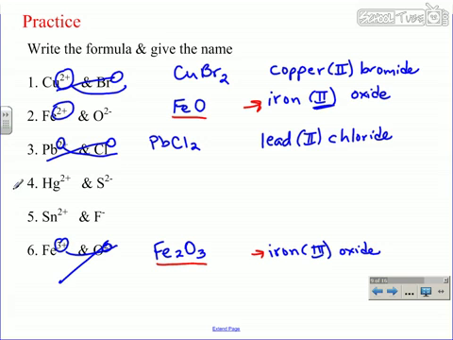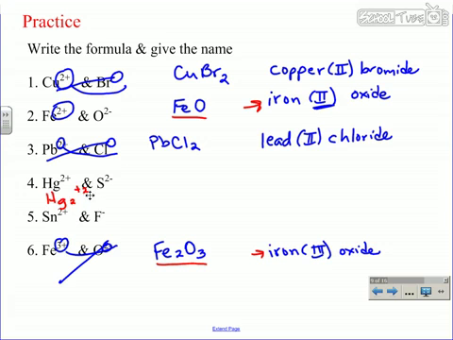Let's look for a minute at number 4, Hg is mercury. Look at your ion sheet for mercury. There's mercury 2. This is mercury 2. But the formula for mercury 1 looks a little bit different. Notice it says Hg2 2+. It's considered mercury 1 because each atom has a plus 1 charge, but there's 2 of them.